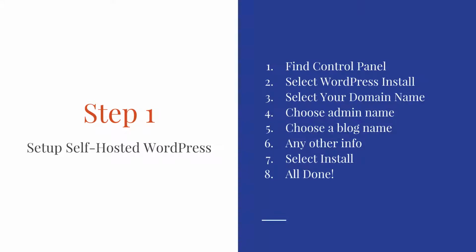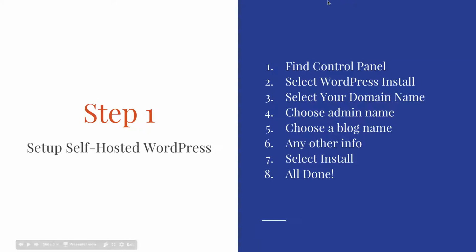That'll work just fine because you can use WordPress as a combination of a website along with the blog. Later in this course, I'll show you how to build the website part and then also the blog part. Some other info they may ask for is your first and last name. After you do that, you'll select install and then you're all done.